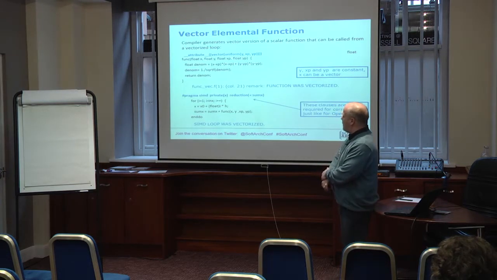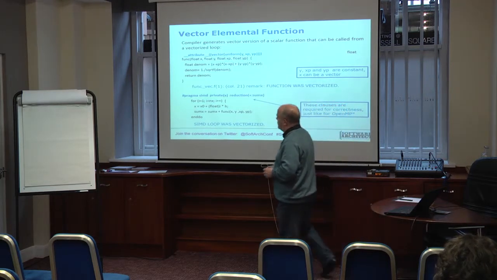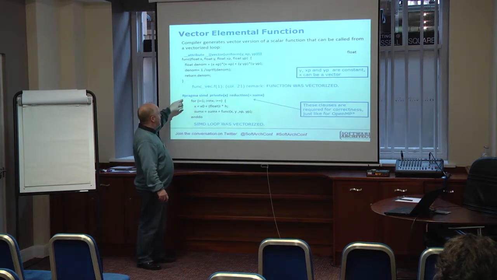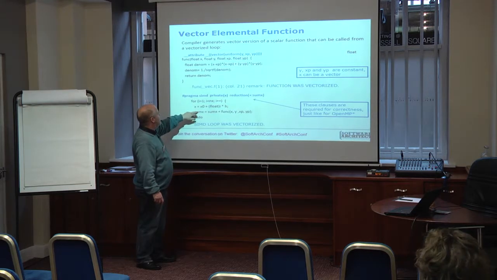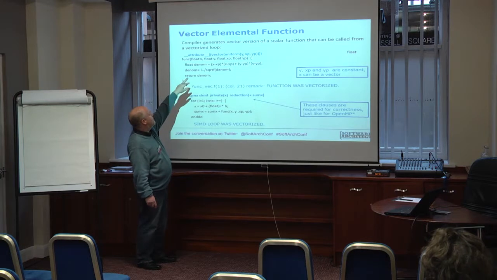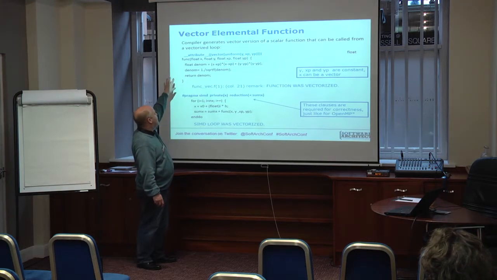And then the third way that you can add vectorization into your code, along with array notation, is to use vector elements or SIMD functions. And what happens here is that you have a piece of code. So we have a loop here. We've got a function up here that's got the special attribute vector and so on. You can see it there in blue.